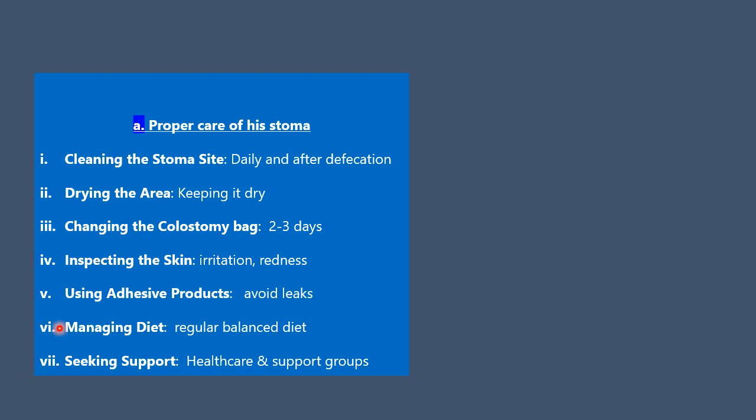Then managing diet: a regular balanced diet, so that the stools are well formed, and avoiding diarrhea and further irritation of the skin around the stoma. And seek support from healthcare and support groups whenever you need that.